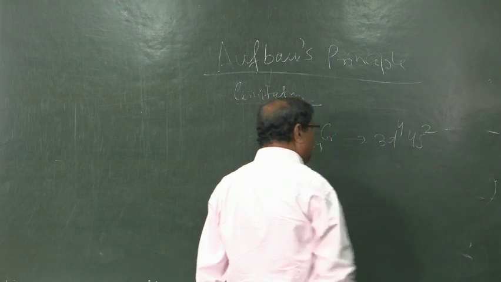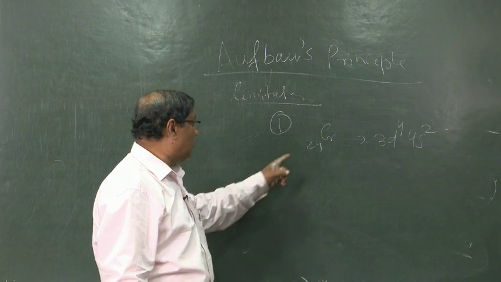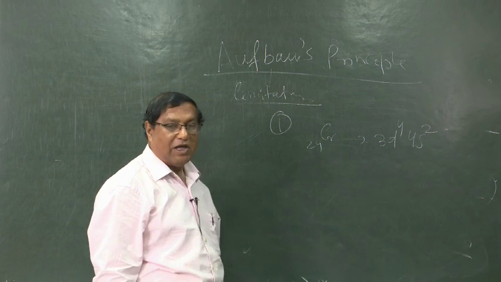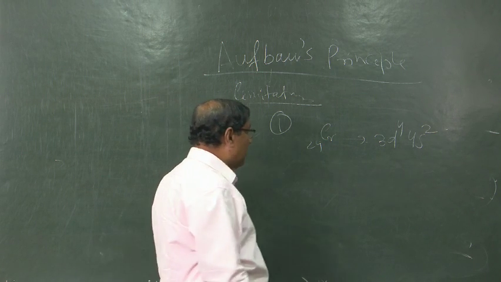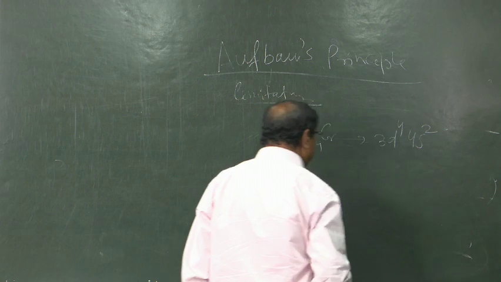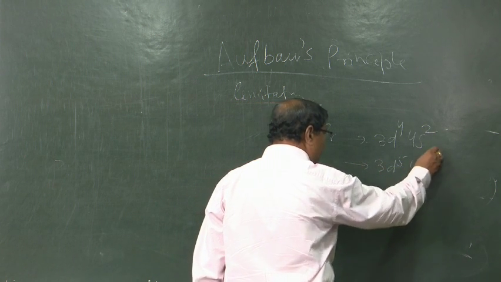If you follow the above principle, the outer electrons will be 3d4 and 4s2. But this is not the actual stable state, therefore it becomes 3d5 and 4s1.